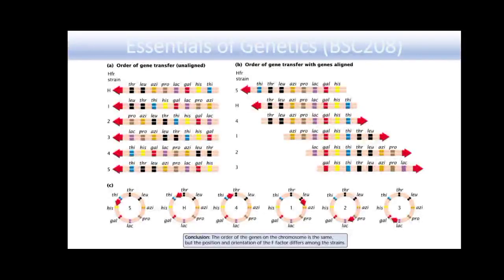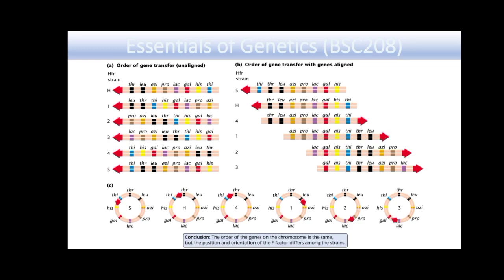So if we map, or look at the transfer of F factor and other genes in different strains, then we can find the order of the genes on the bacterial chromosome.